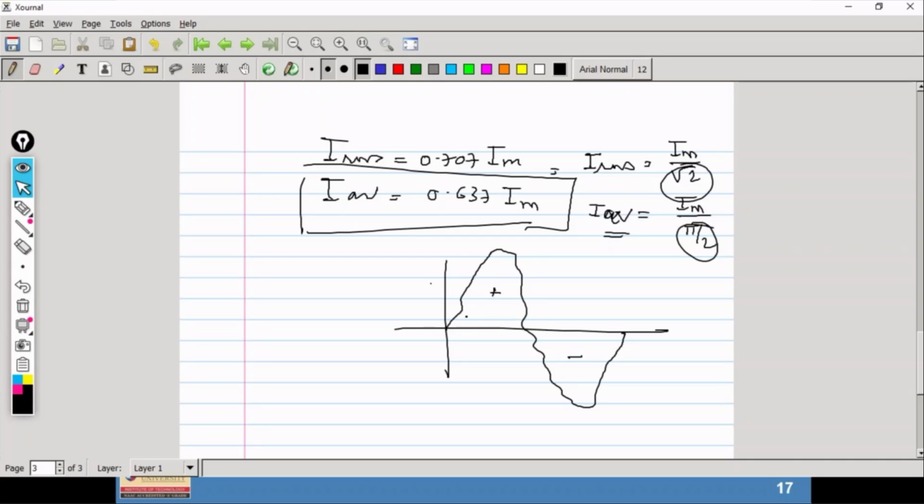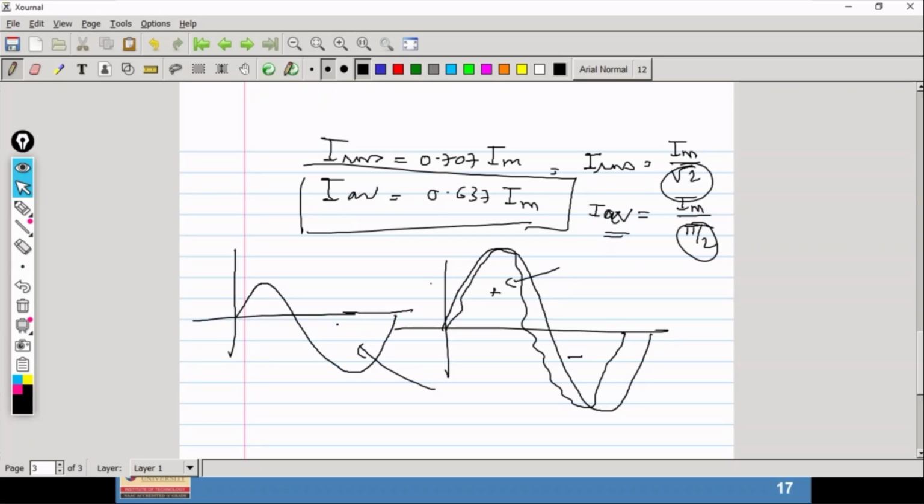A sinusoidal wave is a pure sine wave, but it may not be symmetrical. Maybe the negative half cycle is different from the positive half cycle. This way we can write the terminologies of symmetrical, unsymmetrical, sinusoidal and non-sinusoidal.